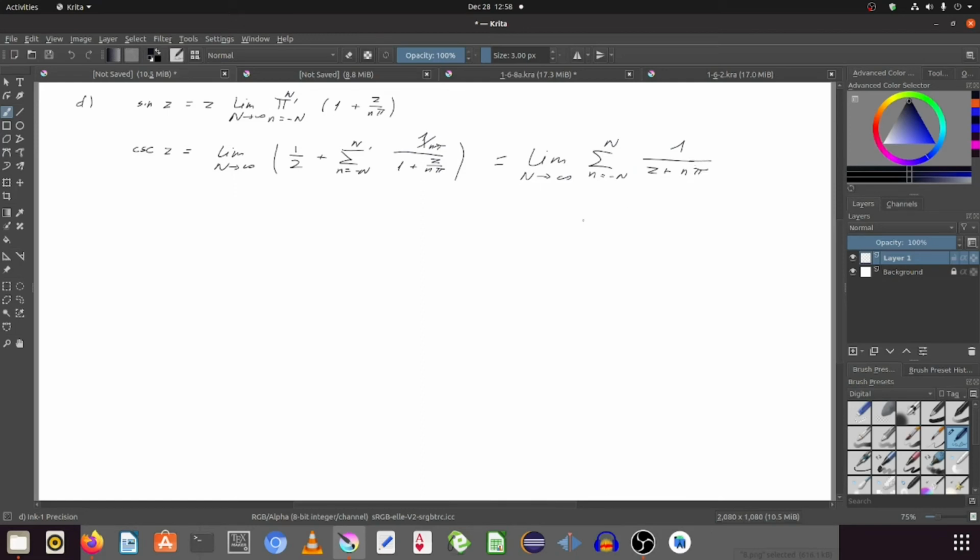There we go. And as it's written, this sum converges uniformly on compact sets. So it's actually the derivative we get.